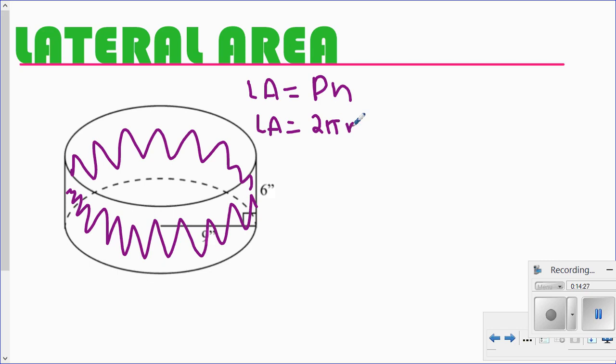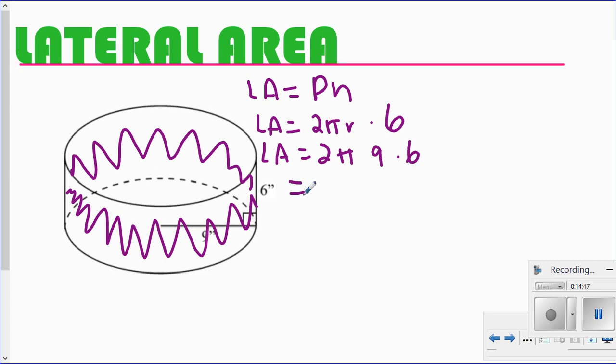So I'm going to take 2 pi times the radius, and then multiply that by the height of the cylinder, which is 6. So the lateral area is going to be 2 times pi times the radius, which is 9. I can see that in my diagram, and then times 6.